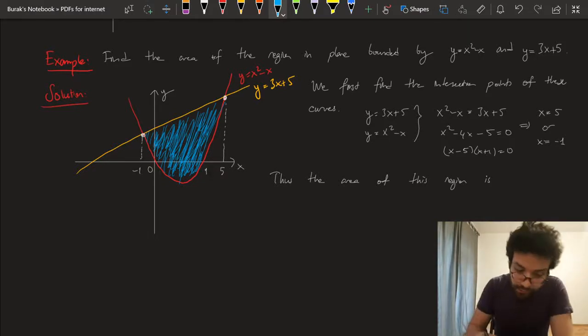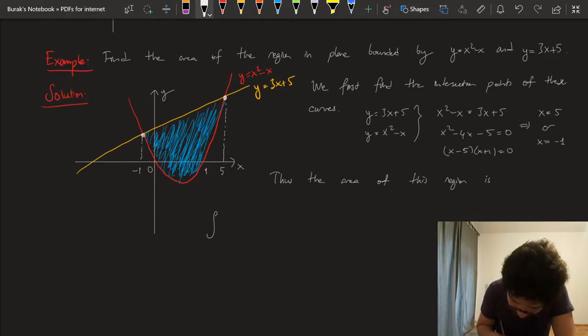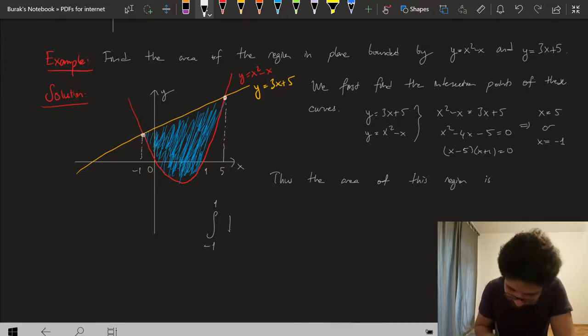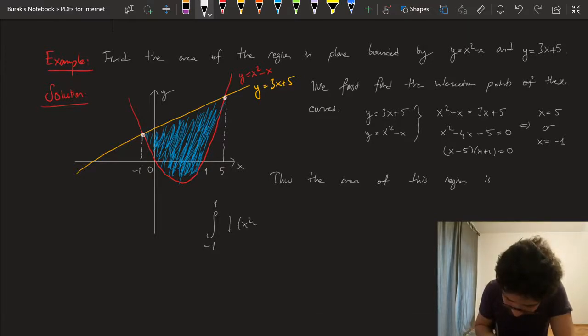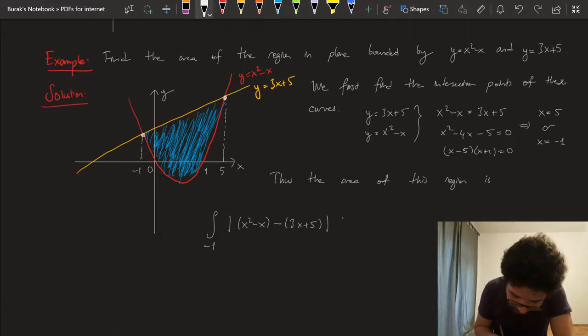Okay, so what I'm going to do is, now look at this, I'm going to take the difference of these two functions. I'm going to take the absolute value of that, and I'm going to integrate this from minus 1 to 5.